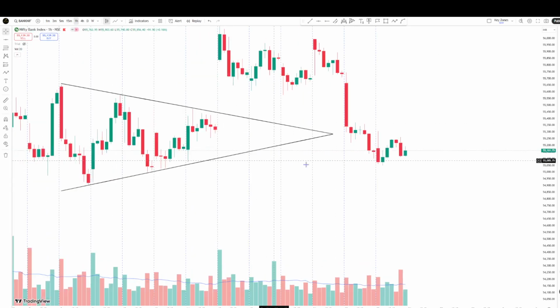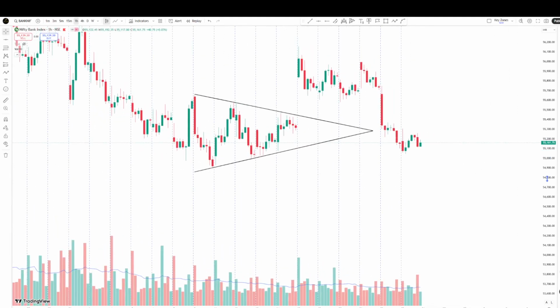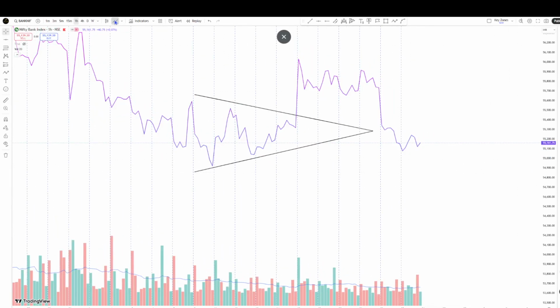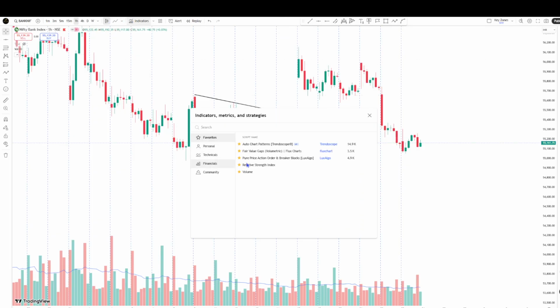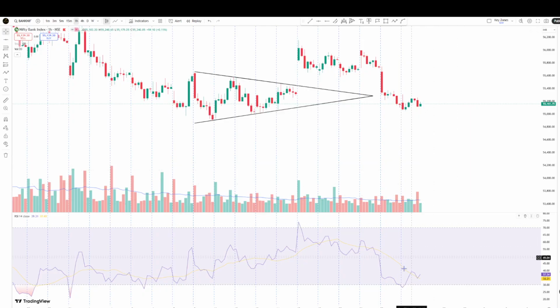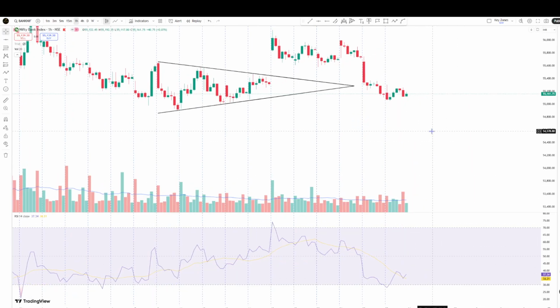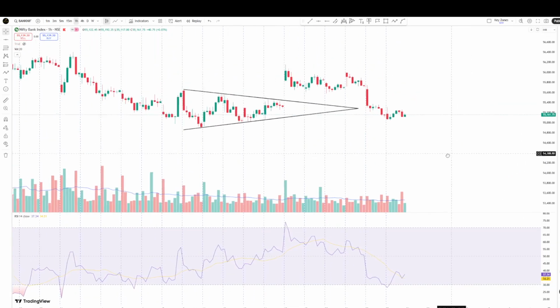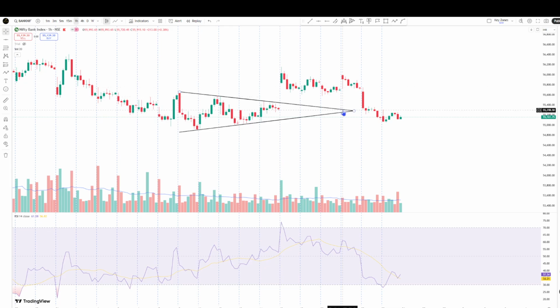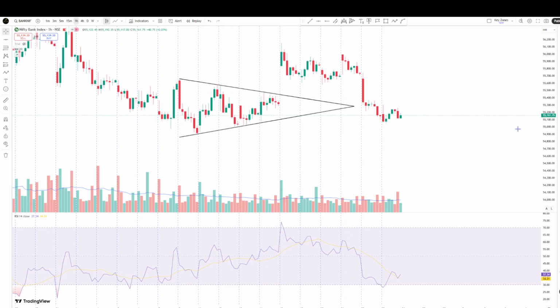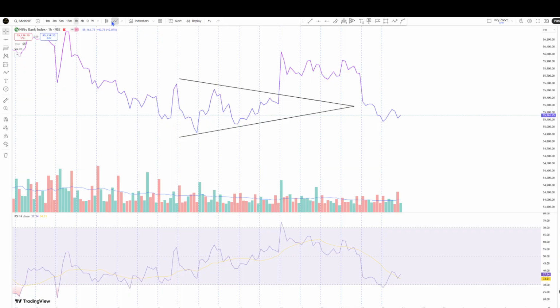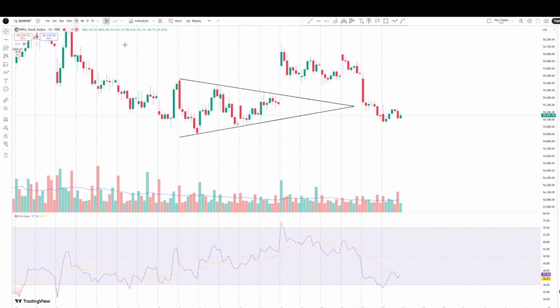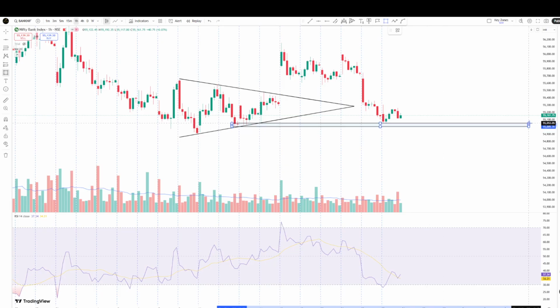We move into the 1 hour time frame and move to signals. Let me just add RSI. 55,000 is a very good support here on options data. Unless and until 55,000 is taken out, I will not short this market.